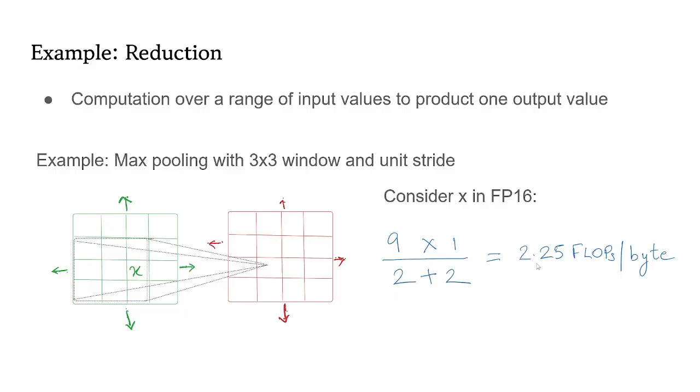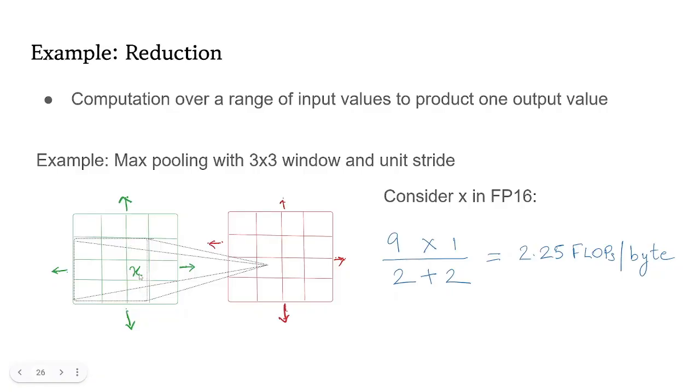Now to see how we arrive at this number, the way to do it is to fix our attention on one particular pixel in the input image. From the perspective of this pixel, it will be involved in 9 poolings. We will slide this pooling window to the right, to the top, bottom, and so on. So this particular pixel X will be here once this window slides in this direction, this, and so on.